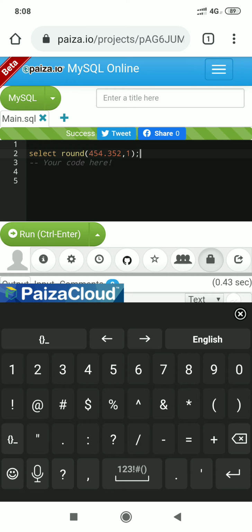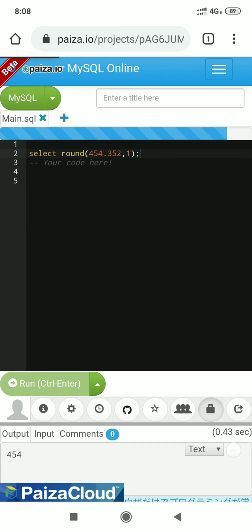So 5 is greater than or equal to 5, so 3 should be converted. Okay, it is converted: 454.4.